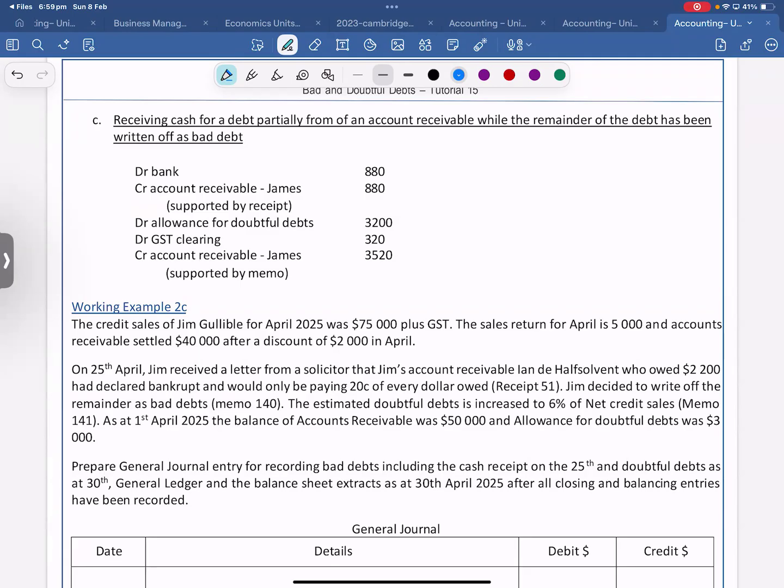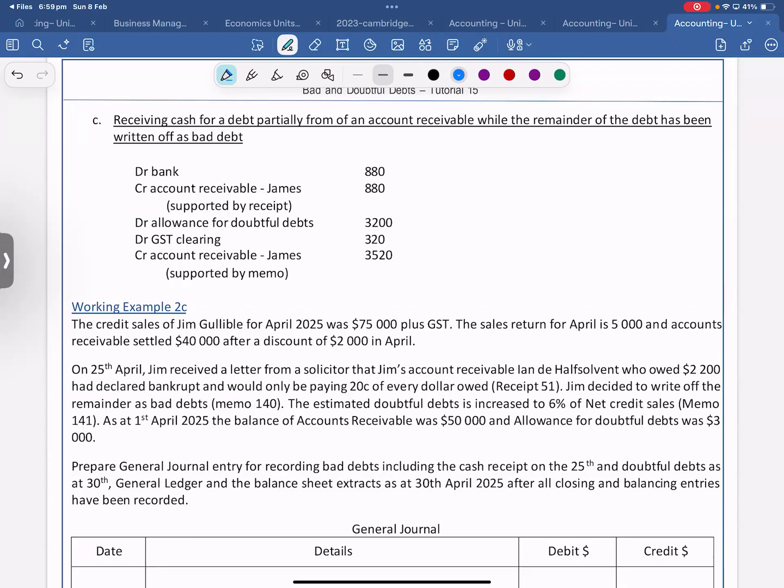What is happening? The first paragraph is all good. But the second one, what is happening, guys? On 25th of April, Jim received a letter from a solicitor that Jim's account receivable, Yen, who owed 2,200, had declared bankruptcy and would only be paying 20 cents of every dollar owed.